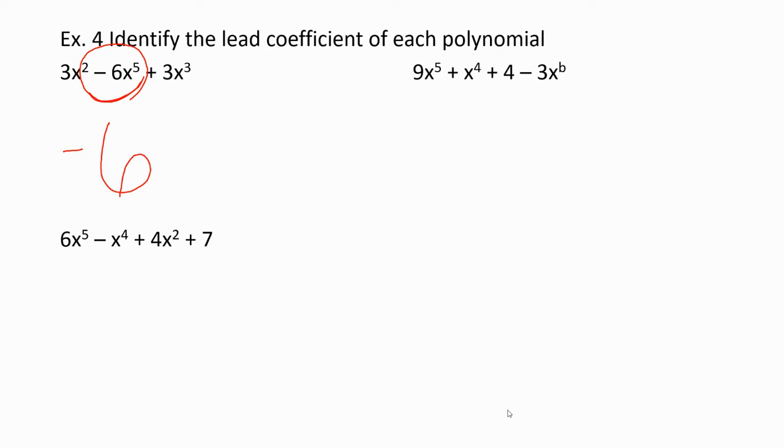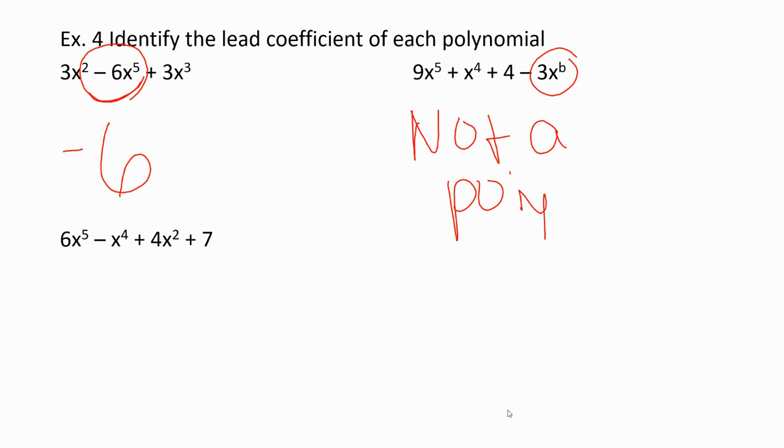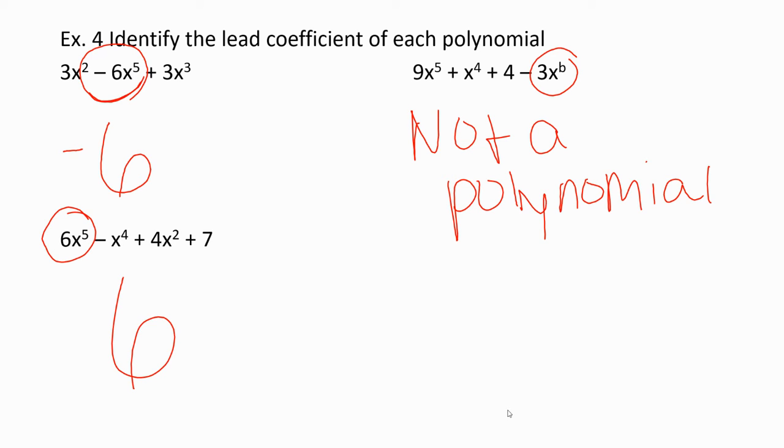And the next one, we notice that we have an exponent of b. That is not a polynomial. You cannot have a variable as an exponent. And then for this last one, the largest exponent is x to the 5th. So your leading coefficient would be 6.